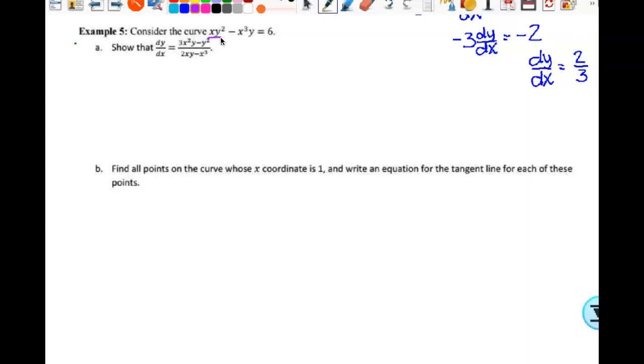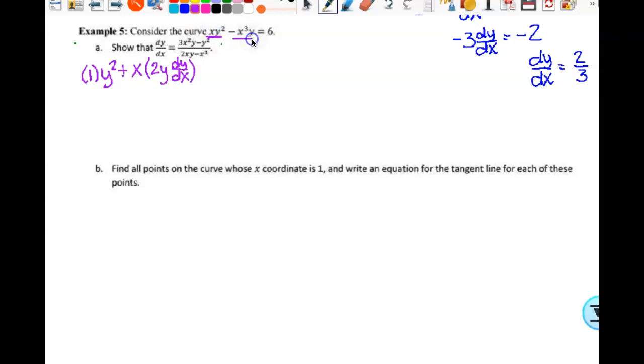Here I take the derivative of the first, so that's just 1, times the second, which is y squared, plus the first, which is x, times the derivative of y squared, which is 2y dy/dx. Now I took the derivative of the first times the second plus the first times the derivative of the second. So I am done with that term. Double check yourself before you move on so you didn't just do half of it.